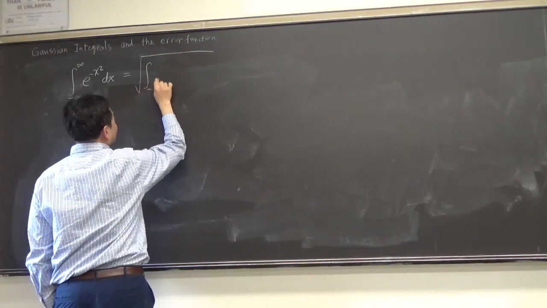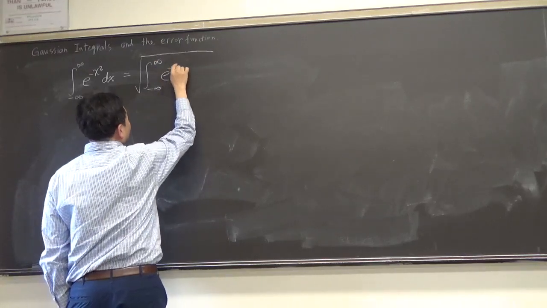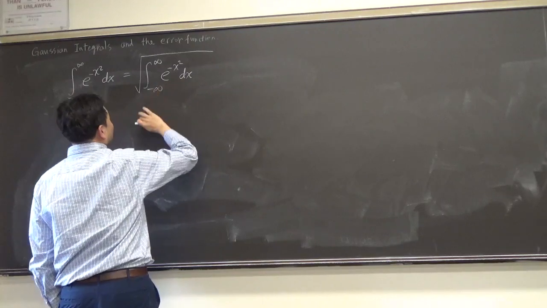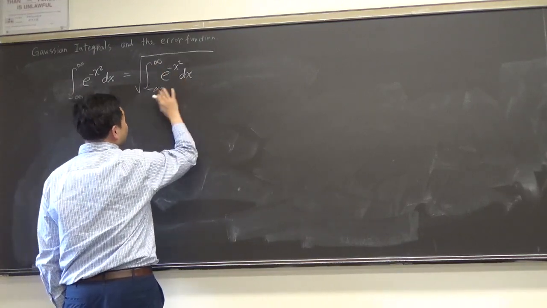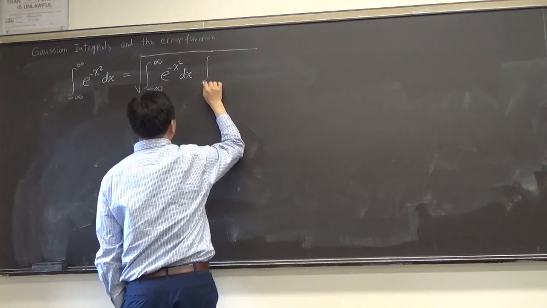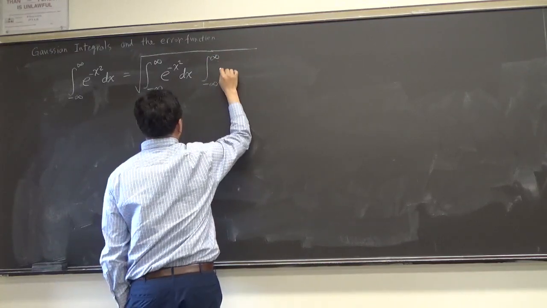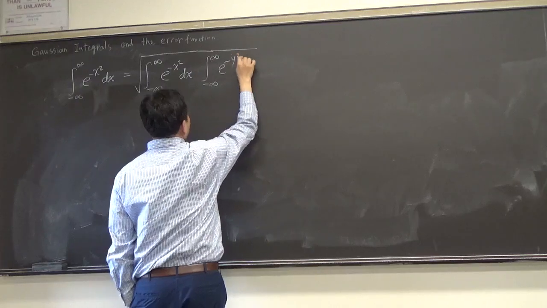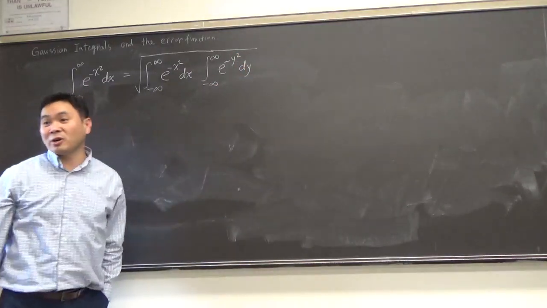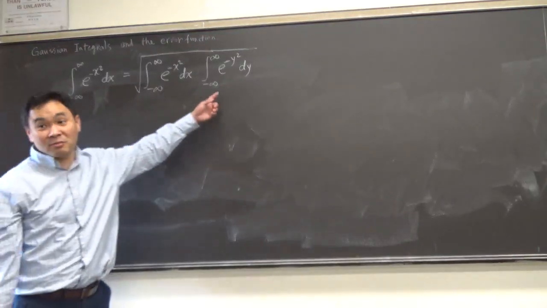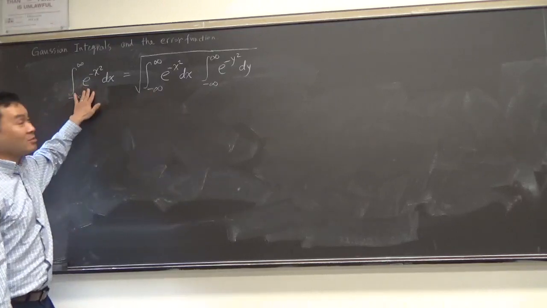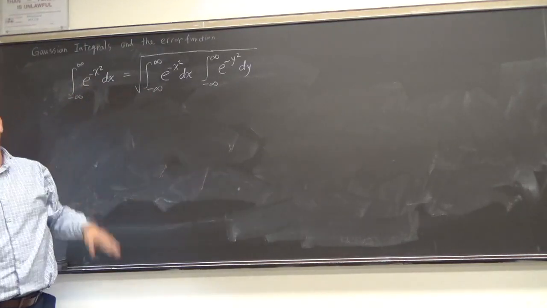We put one integral from negative infinity to infinity of this thing, but then you write this again, except this time you write it as an integral in y. Well, it doesn't matter whether it's y or x, they would give you the same value, right? So indeed, this thing inside the square root is the same as this squared, so they are the same.